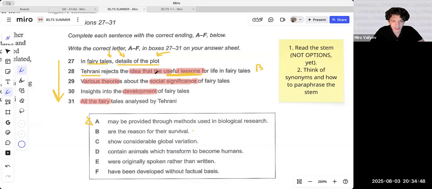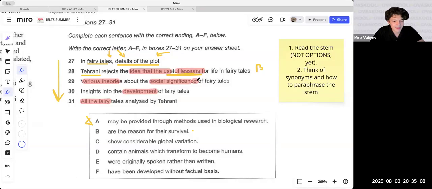Tehrani rejects the idea that useful lessons for life in fairy tales show considerable global variation. No, he didn't mention that, and he's not rejecting the idea of useful lessons because of global variation. Contain animals which transform to become humans.